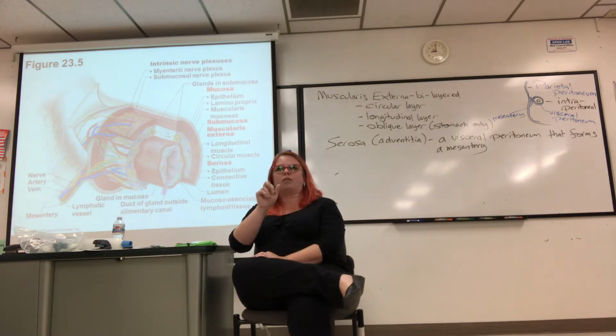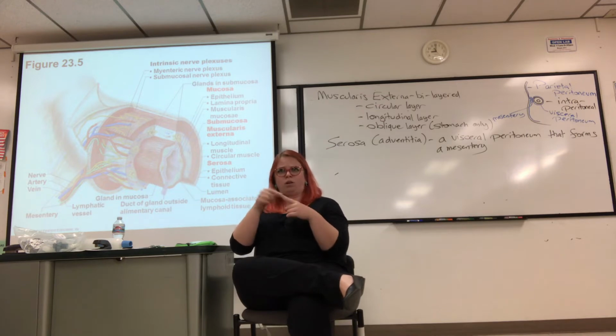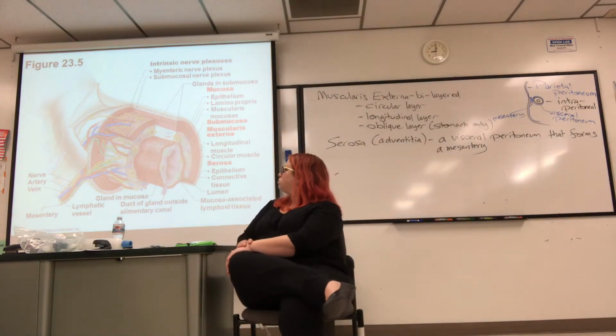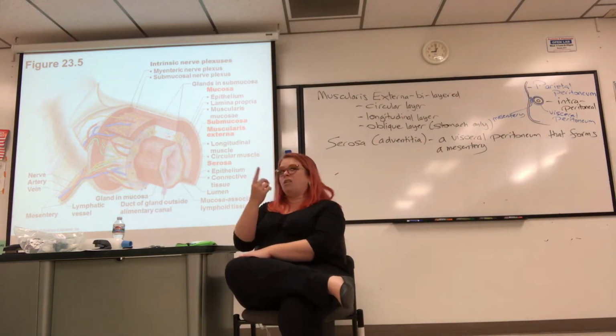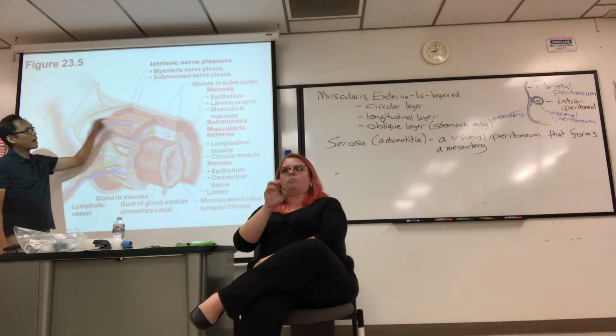Any questions on the general pattern? There's mucosa, submucosa, muscularis externa, adventitia. Something I forgot to mention, these nerves here. For muscularis externa, add myenteric plexus.